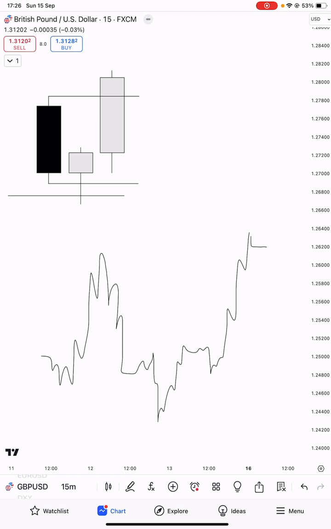Now, I never take partial at 50% because I do not trade patterns. I want to have a clear expectation for the weekly candle. If I don't have a directional idea for the weekly candle, I don't trade this.